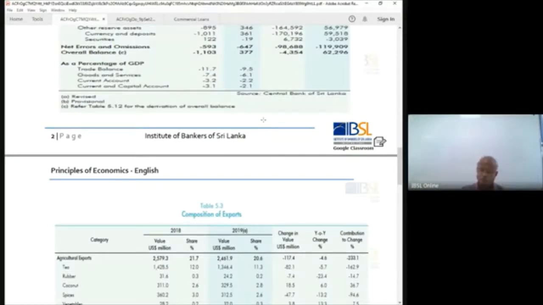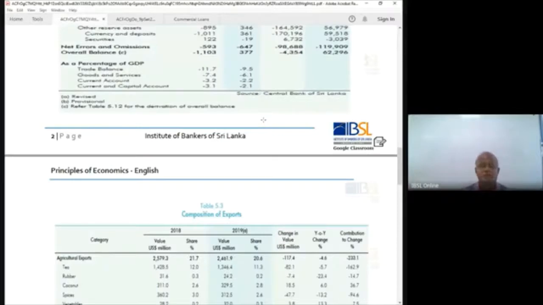This is also going up and down: reserves in money terms go up and down, and the equivalent months of imports also go up and down. So there is a strong link between the balance of payment position and the foreign assets.